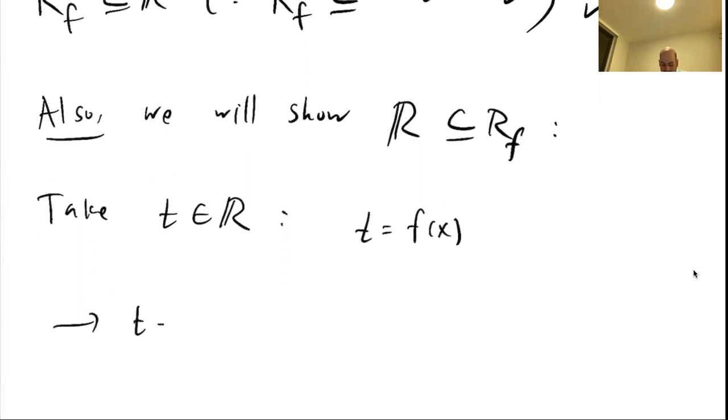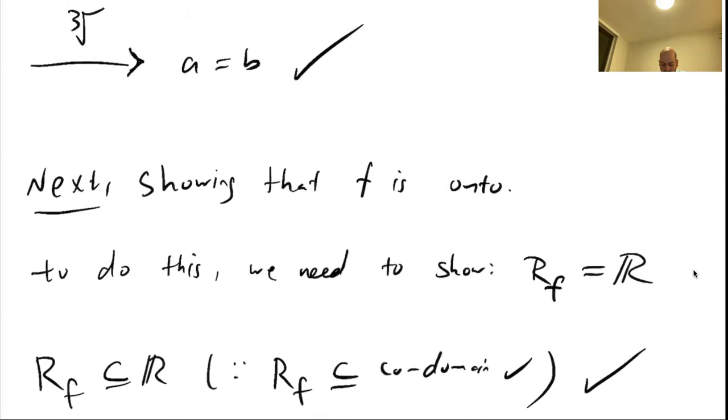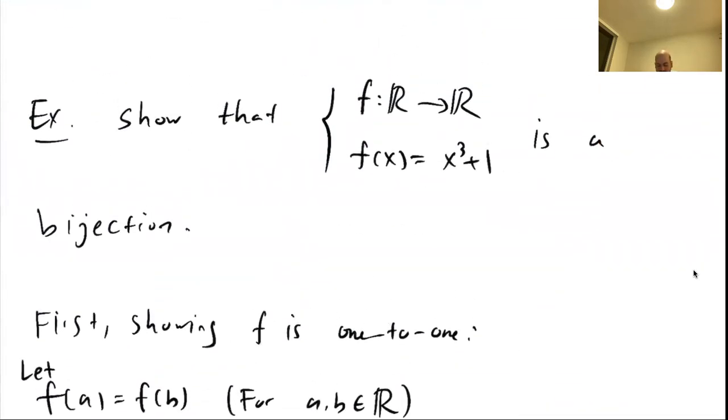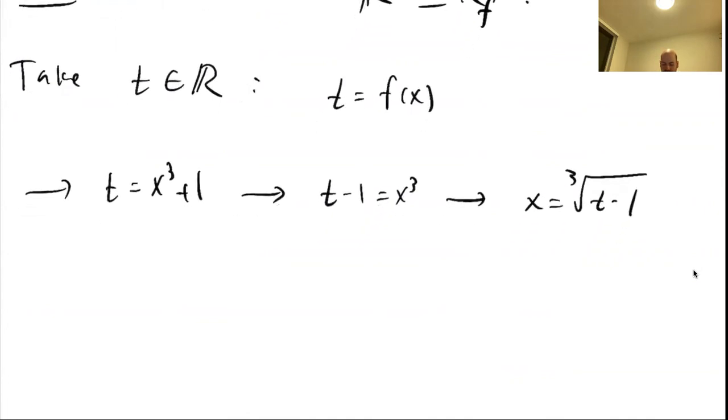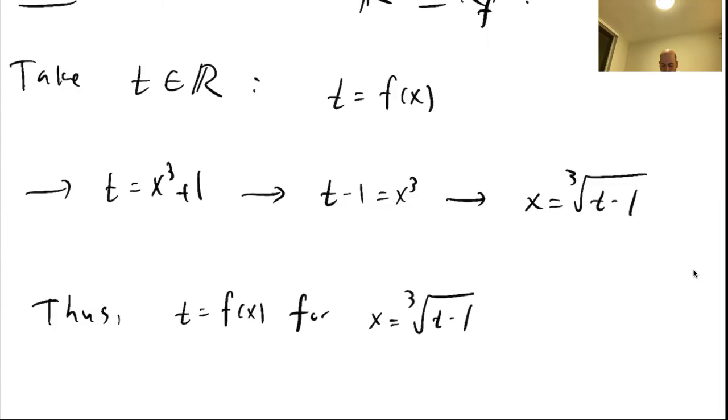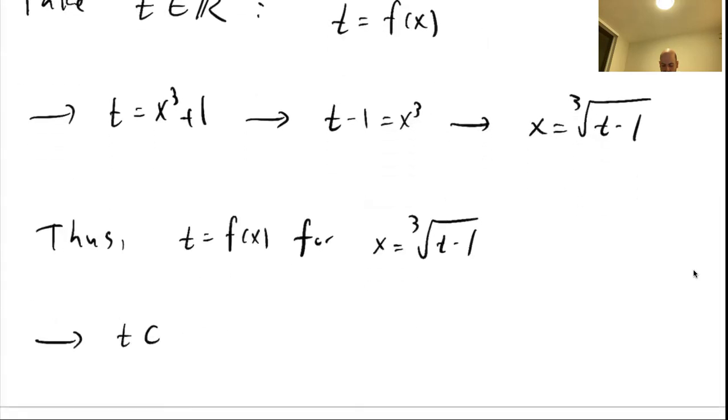That gives t equals x cubed plus 1, since f of x equals x cubed plus 1. So that means t minus 1 is equal to x cubed. And that means x is equal to the cube root of t minus 1. Thus, t is equal to f of x for x equals the cube root of t minus 1. So that means t belongs to the range.